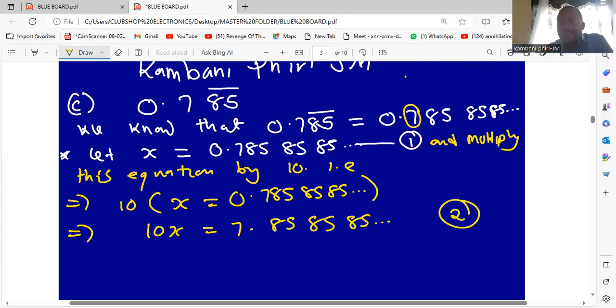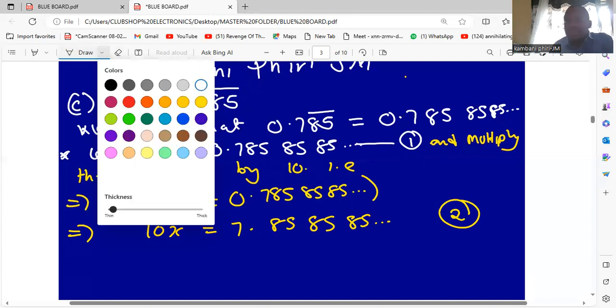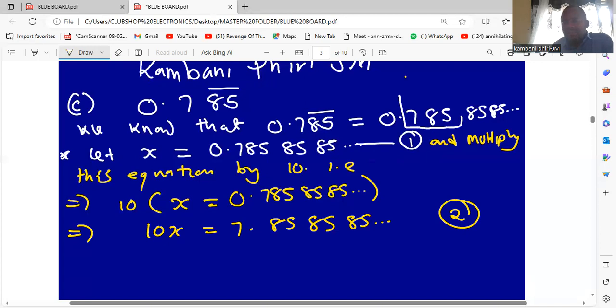That's a starting point. Then we can come up with another equation which would take everything up to where we are repeating, so we take it the other side as well.